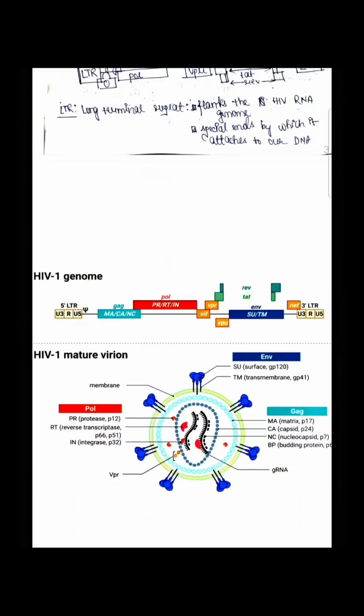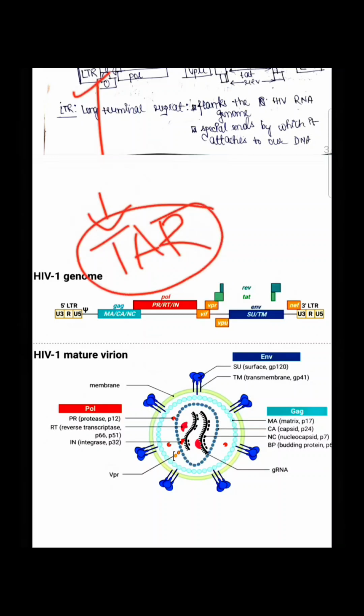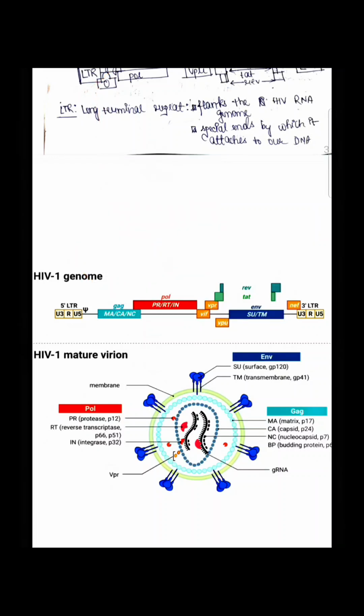Okay, now let's discuss a very interesting point, that is the LTR region contains the RNA trans-acting response element that binds TAT. Now what does it mean? Okay, let's look into the diagram. Here we see that there is a lock, and this lock stands for the TAR. So the TAR is the lock, and here we have the TAT region.